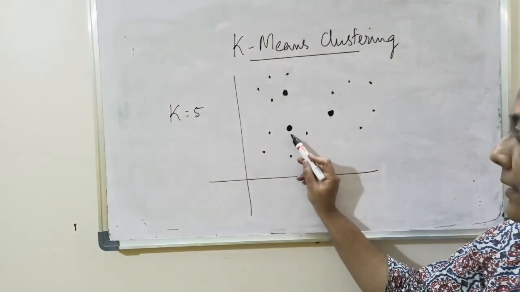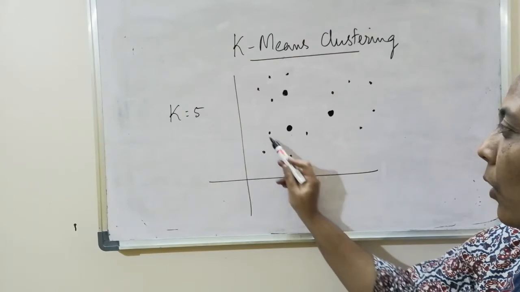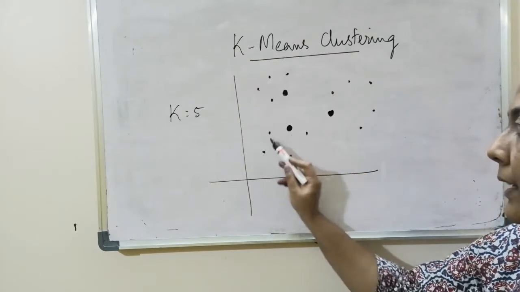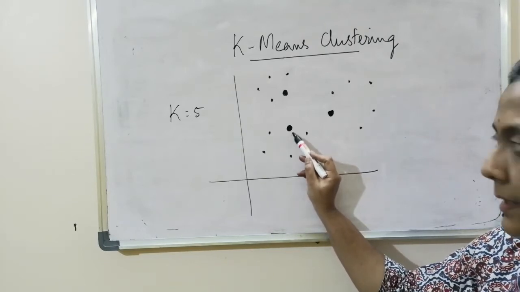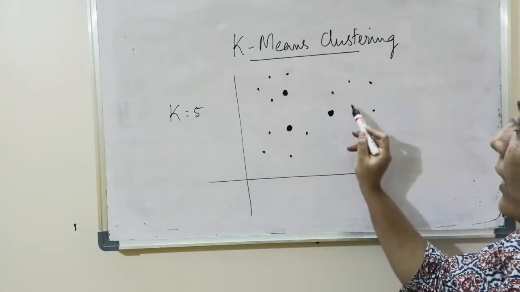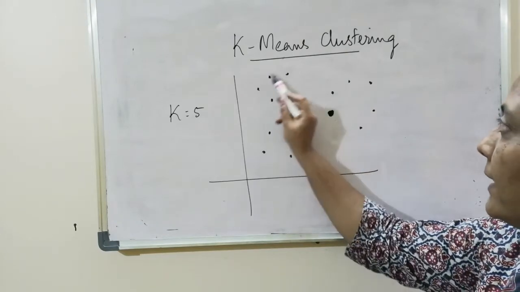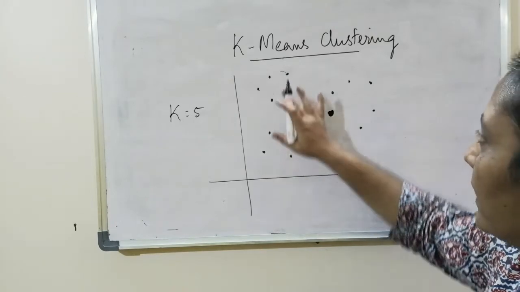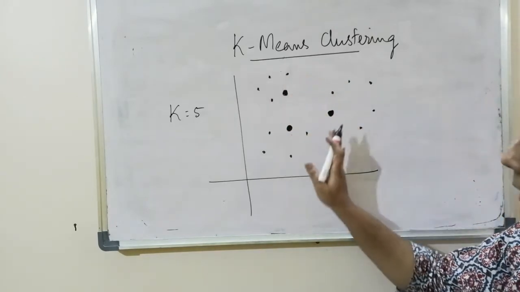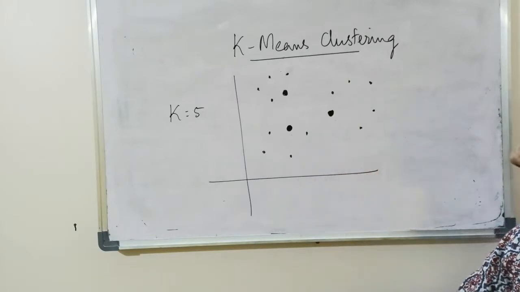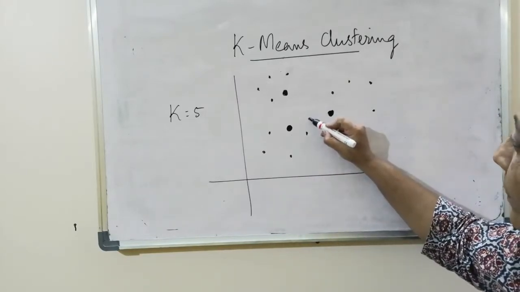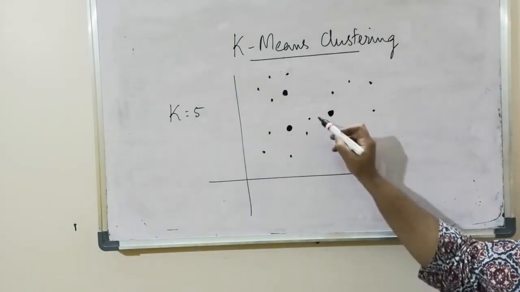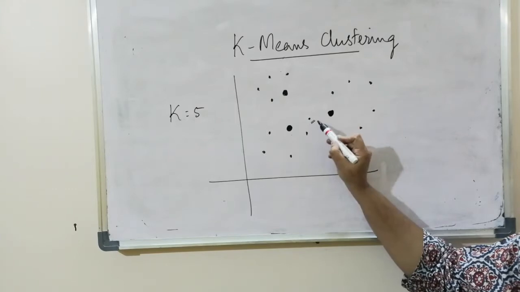When I consider this seed, I can see that all these inputs over here are lying in close proximity to this seed, and over here these are all lying in close proximity to this seed, and these are all lying in close proximity to this seed. Now it is very easy for us here because there is no disagreement. But if I have an input here in the population, where will you group this particular input?